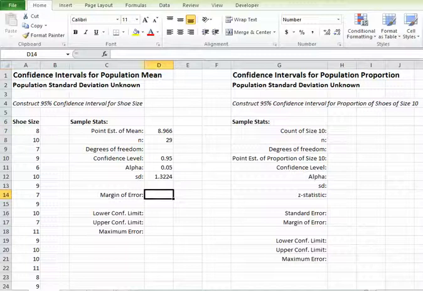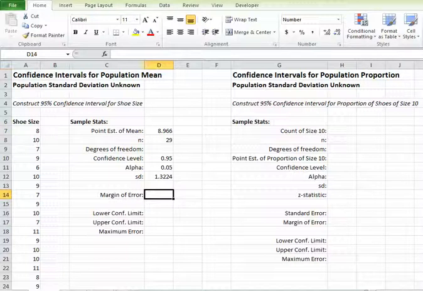Now, in the spreadsheet on page 359, the margin of error is equal to the second half of equation 8.1. It's equal to the z statistic times the population standard deviation divided by the square root of sample size.